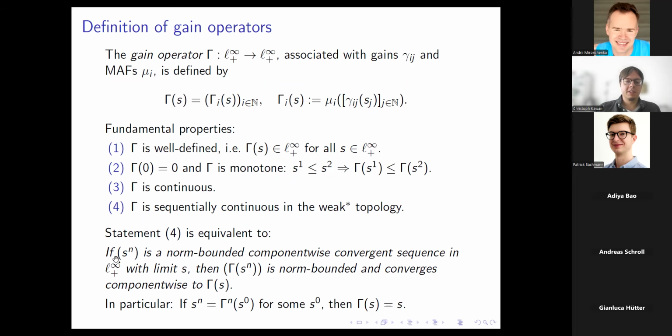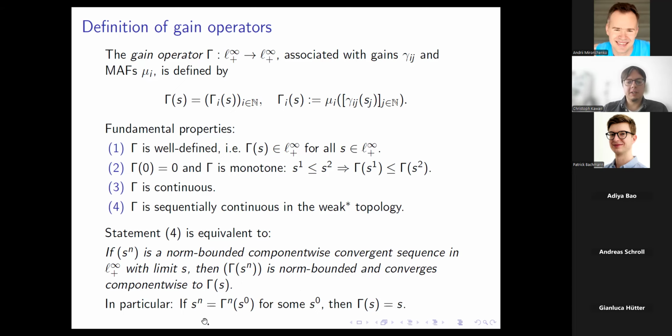It means that whenever we have a sequence Sn in the cone, which is norm bounded and which converges in every component to some limit vector S, so it's component-wise convergent, then the image of that sequence under the gain operator is again norm-bounded, and then again it converges component-wise to the image of that vector S. So that's what it means.